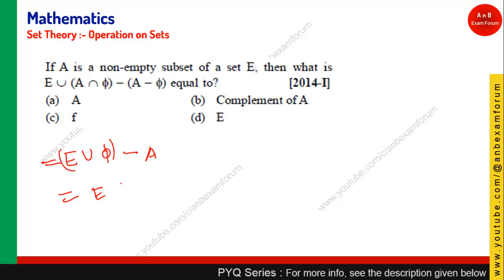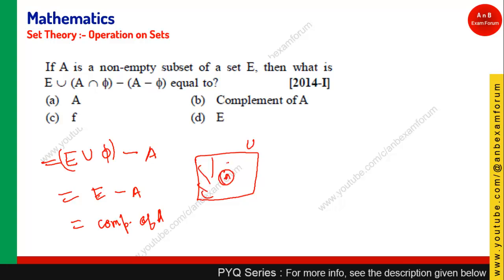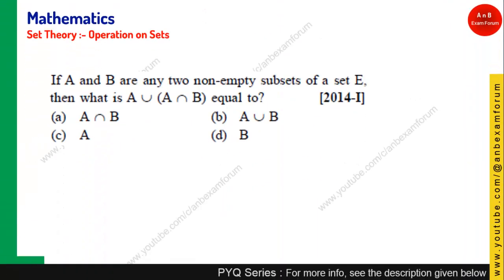This is a property we have seen, and you have E minus A. And since E is the universal set, and universal set minus A, as we have seen in the definition, is the complement of A. Okay, so as I told you in my theory video, if this is the universal set and this is set A, then the remaining portion is the complement of A. So we get complement of A as the answer. Here the universal set is E. Okay, so option B, those who have given it, well and good, they are right. Let's see the next question.